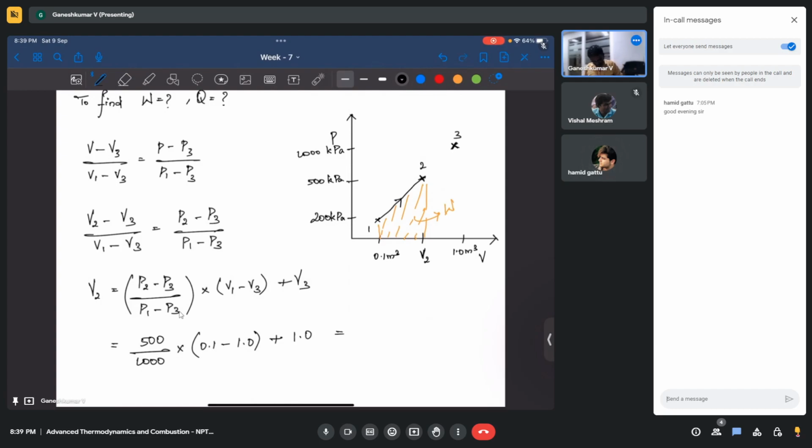Is that coming out to be 0.55, right? Yes, meter.